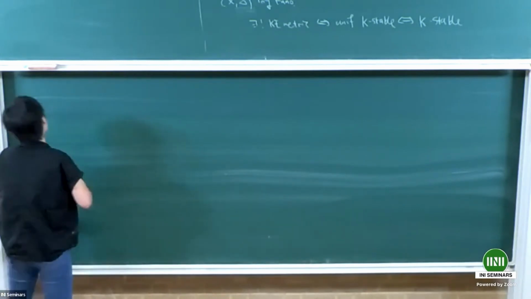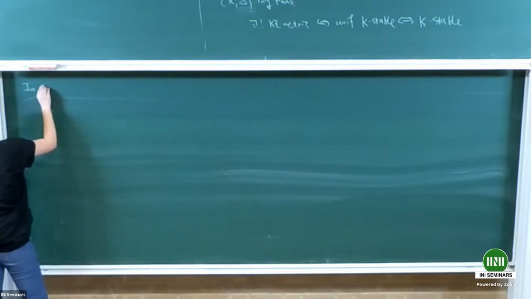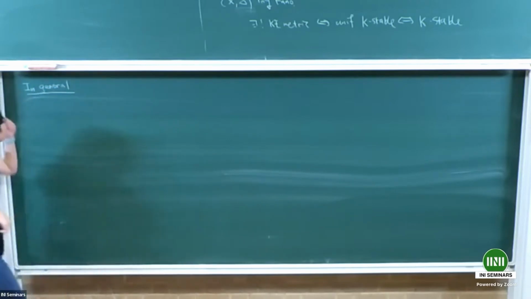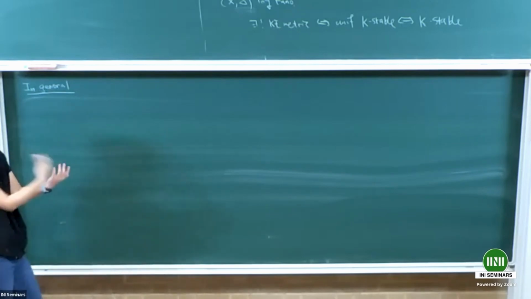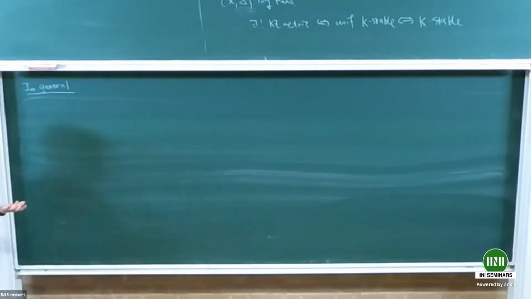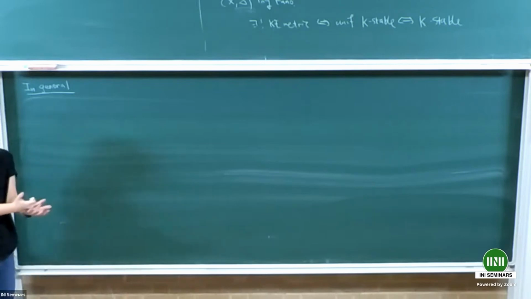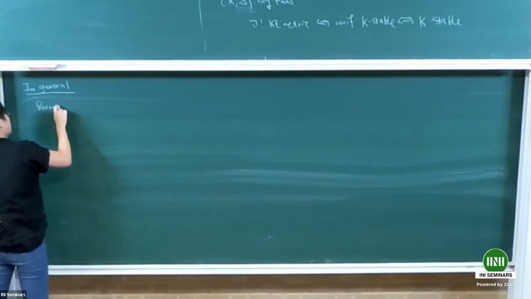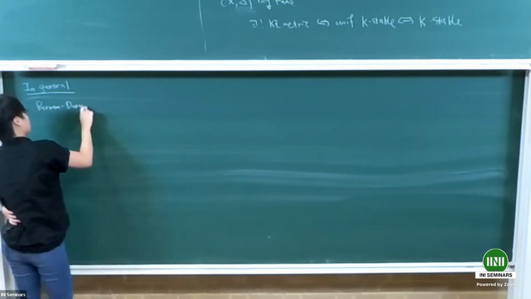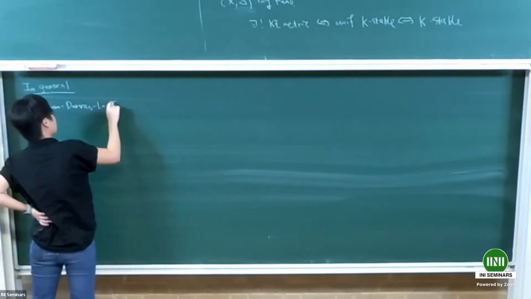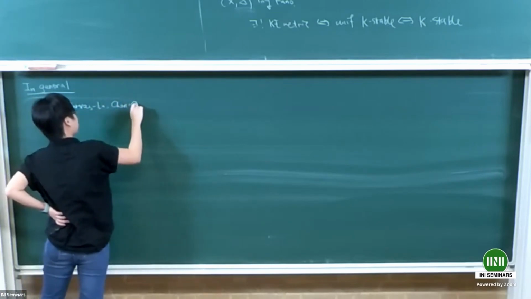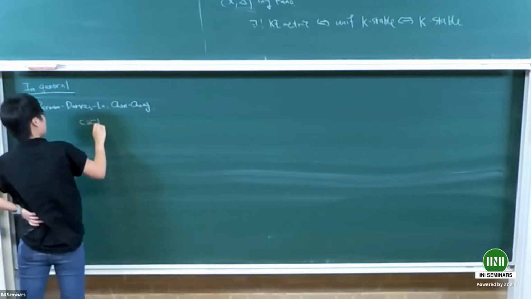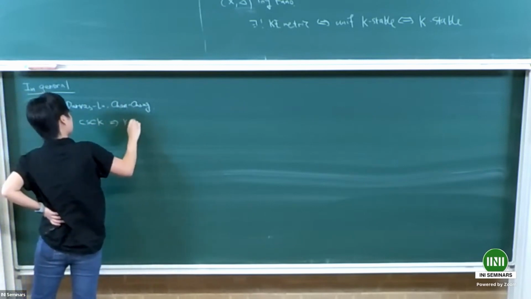So in general, one direction is supposed to be easier and relies more on the analytic methods, and this is done by Berman, Darvas, Liu, and also Chen-Cheng: that cscK always implies K-stability.